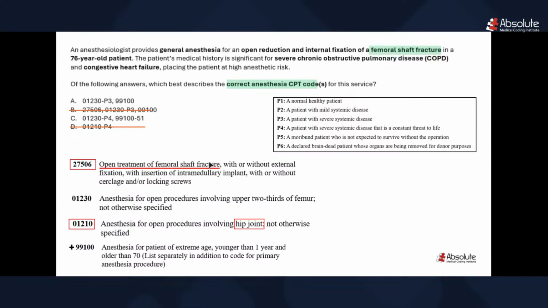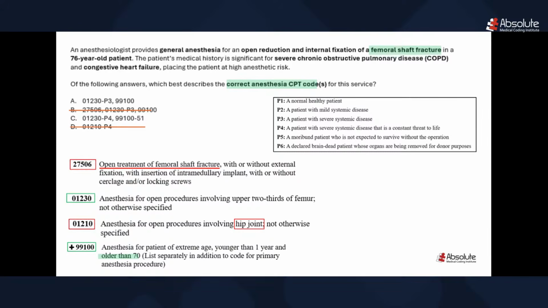We're left with option A and option C. Now, both are coding for 01230, that is for anesthesia for open procedures involving upper two-thirds of the femur, not otherwise specified, and 99100. That is for anesthesia for procedures performed on patients of extreme age, younger than 1 and older than 70 years of age. So that is a good one because the patient's age was 76 in our scenario. The only difference between option A and option C is that option A is coding for a P3 modifier, physical status modifier, and option C is for P4, right?